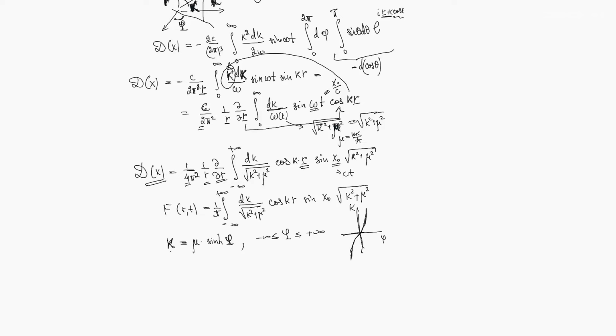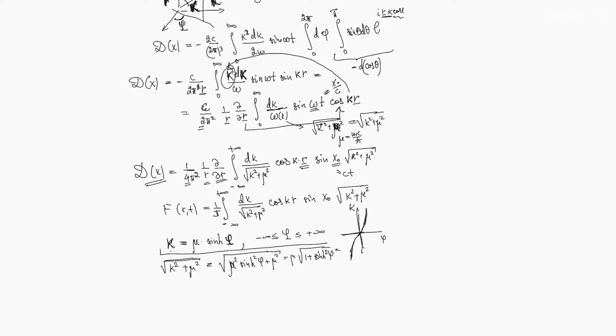And why is this efficient? That's because if you now compute the square root of k squared plus mu squared, you see that this is mu squared sinh squared phi plus mu squared. Mu you can take out, and then you get a square root of 1 plus sinh squared phi. But you know what this is: 1 plus sinh squared is cosh squared.